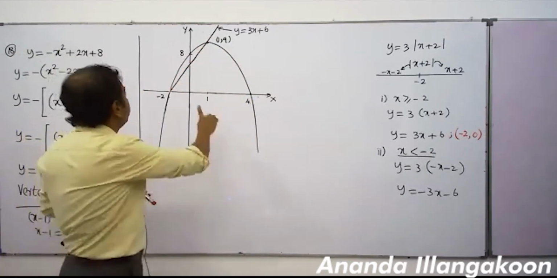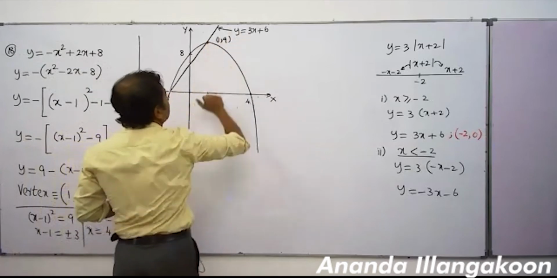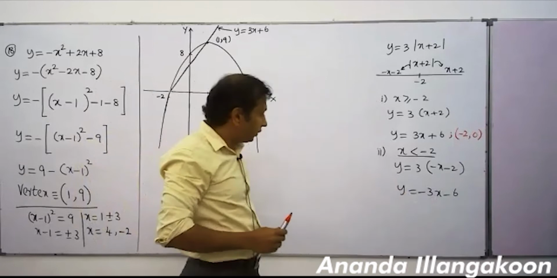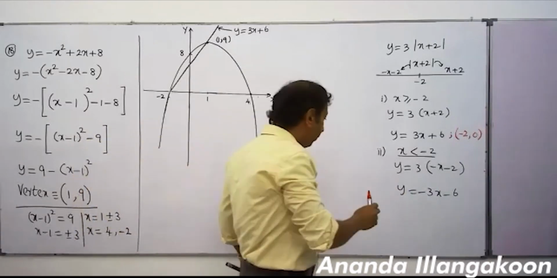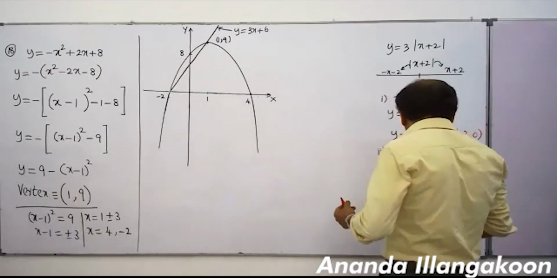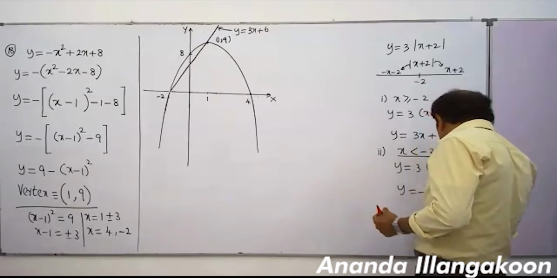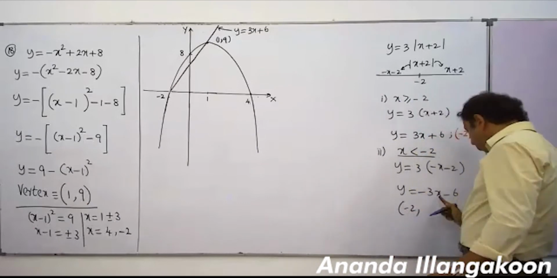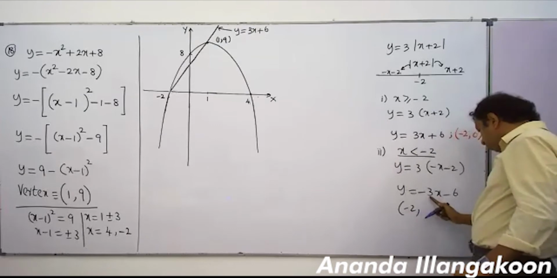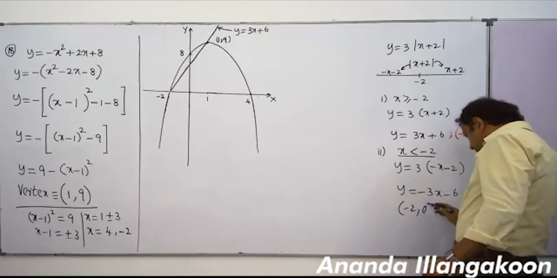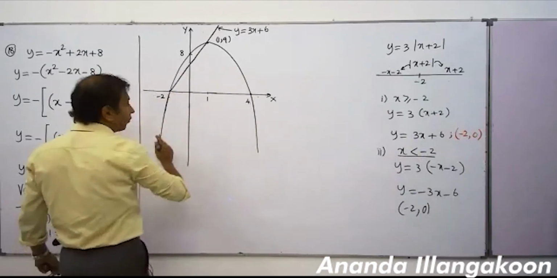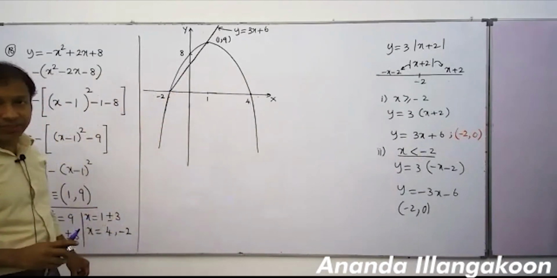Right. This is the line y equals 3x plus 6. Next one, this is minus 3x minus 6. For that also we put x equals minus 2. When I put x equals minus 2, minus 3 times minus 2 is plus 6, minus 6 is 0. That point is also here. Its gradient is minus 3.